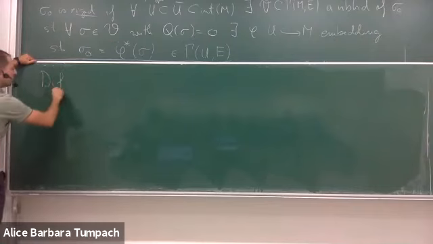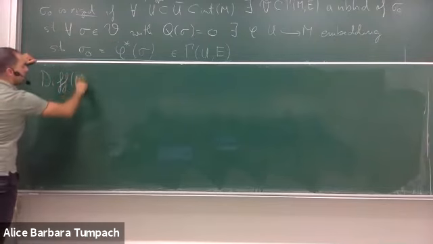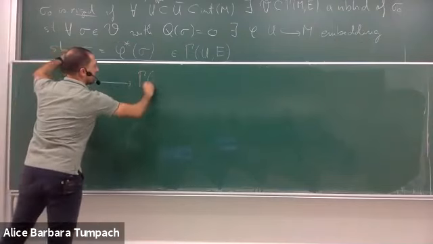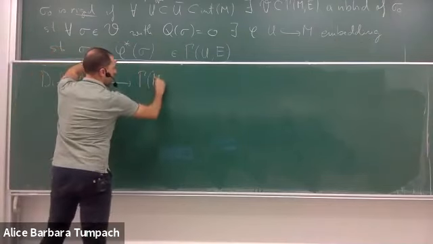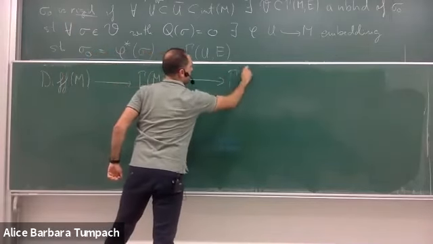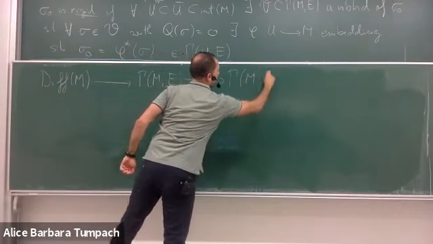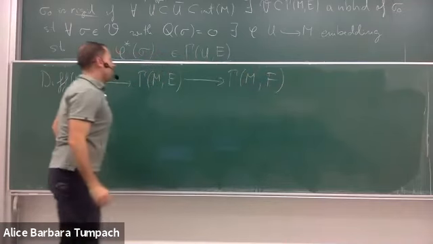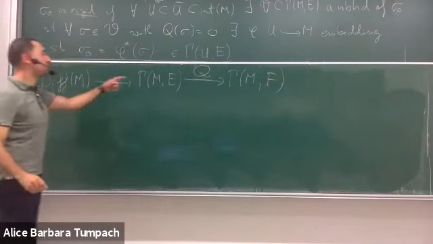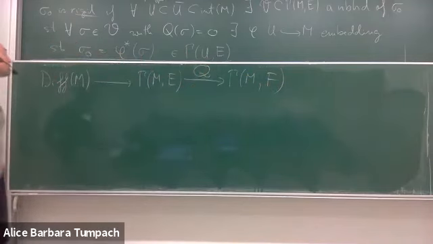You have diffeomorphisms of M, and sections over M of E, and then sections over M of F. Here the map is Q, and here the map is just the action on sigma 0.